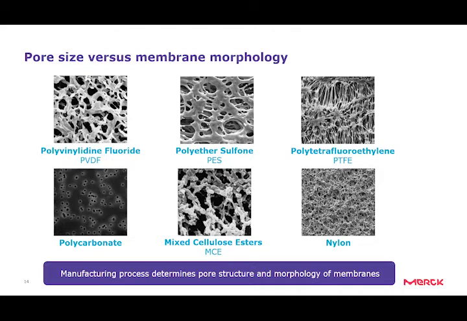A polycarbonate membrane is prepared by a track etching process, where a polycarbonate film is first irradiated with high energy radiation, followed by chemical etching, where the area which was irradiated is etched out and leaves behind these pores.